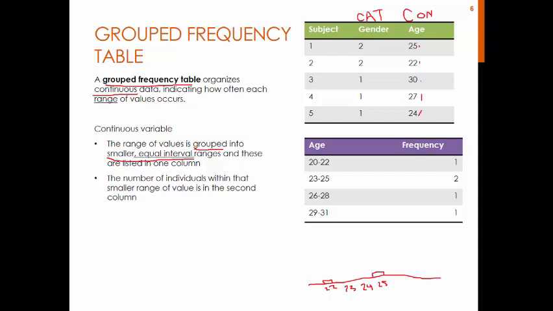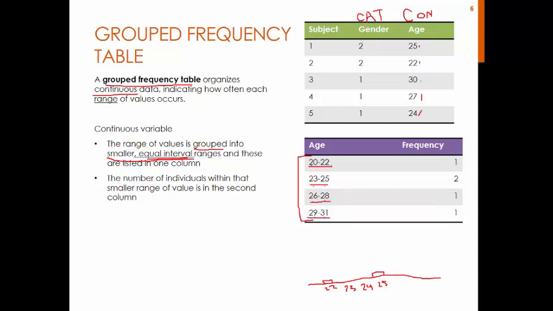So I've taken age and I've broken it up into 4 subgroups: 20 to 22, 23 to 25, 26 to 28, and 29 to 31. Now it is important that each of these is an equal interval. So here we have a range of 3, of 3, of 3 values, and of 3 values.